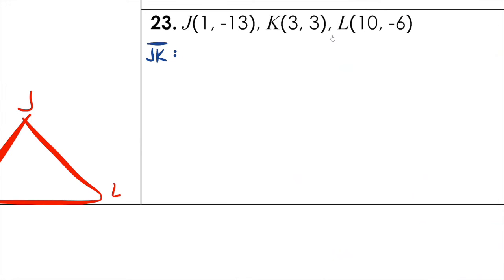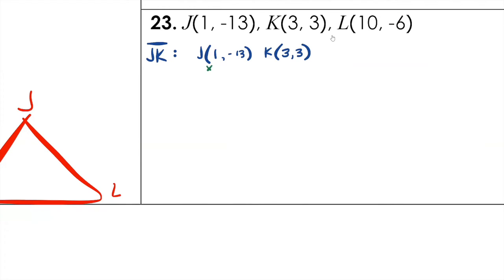So we got J is 1, -13. And K is 3, 3. Okay. All right, so I like to label it.